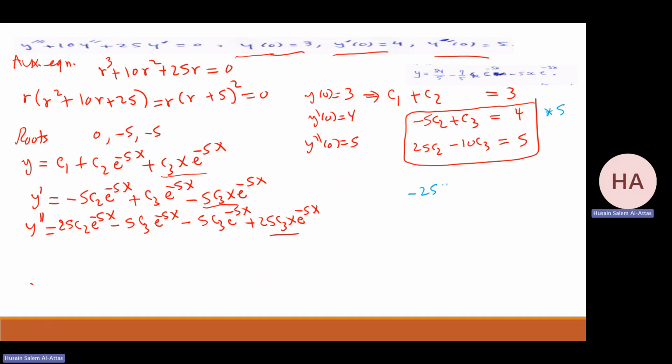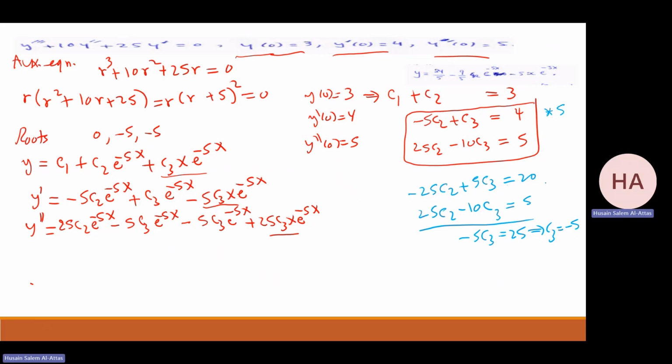I have minus 5 C2 plus C3 equal 4, and 25 C2 minus 10 C3. Sorry, multiply everything by 5. So it's minus 25 C2 plus 5 C3 equal 20. This one I'm not changing. Add them. I have minus 5 C3 equal 25. So C3 equals minus 5.